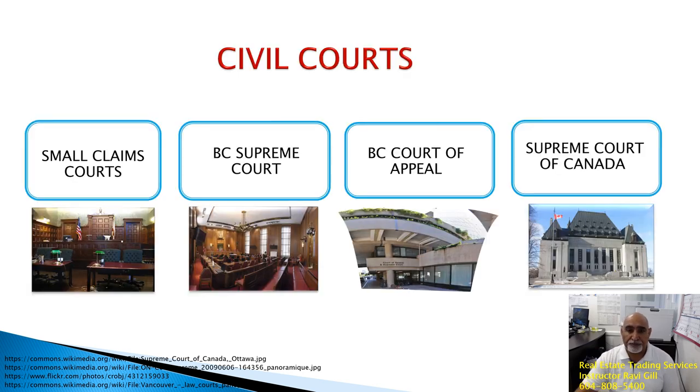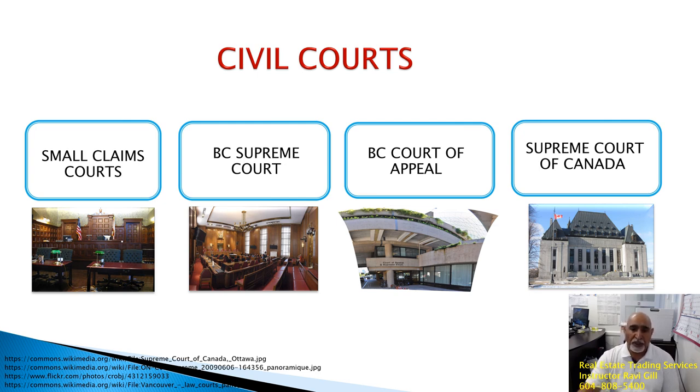The examination questions for civil courts, maybe 1 or 2. Very, very important that you know the court system, and as a realtor, it's important that you know the court system. Basically we have 4 courts in British Columbia and Canada.